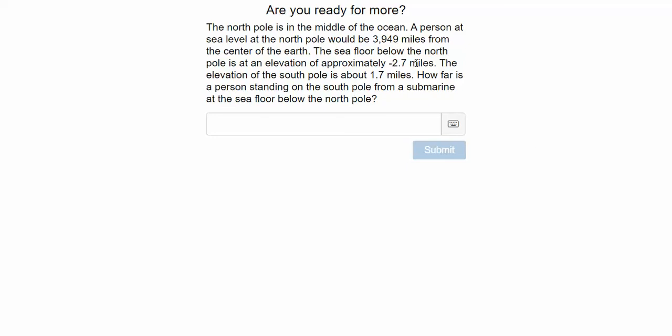And then here, the seafloor below the North Pole is at -2.7 miles. So a person standing at the South Pole from a submarine at the seafloor below the North Pole, that is a difference of -1 miles, right? So elevation right there, and that's going to be on there.